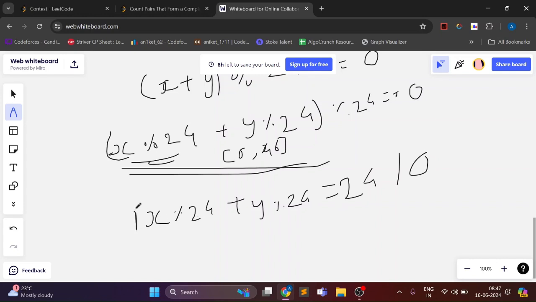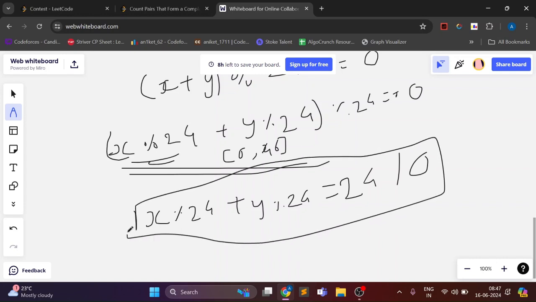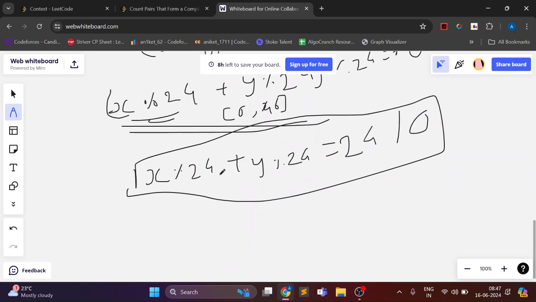So this is what the final formula will look like.